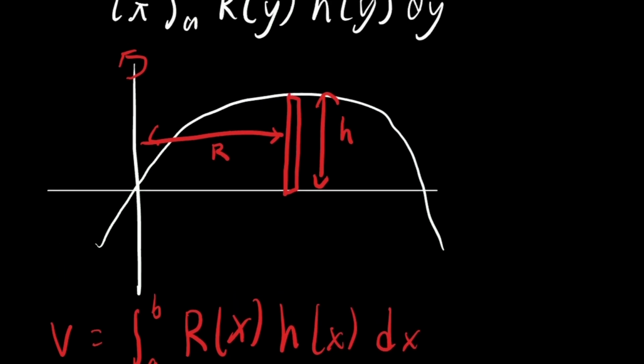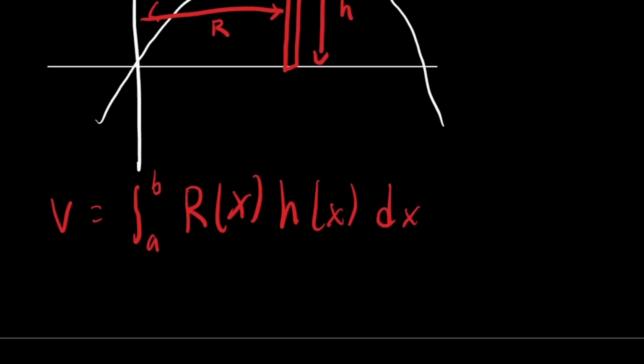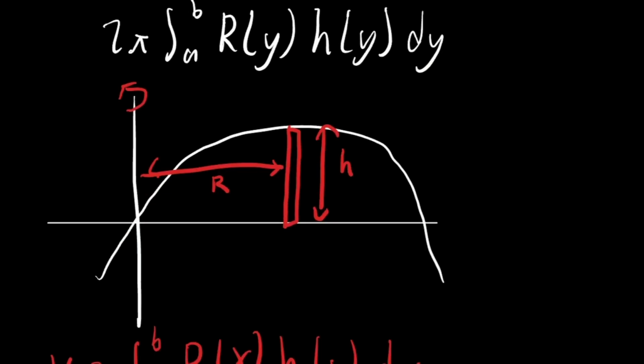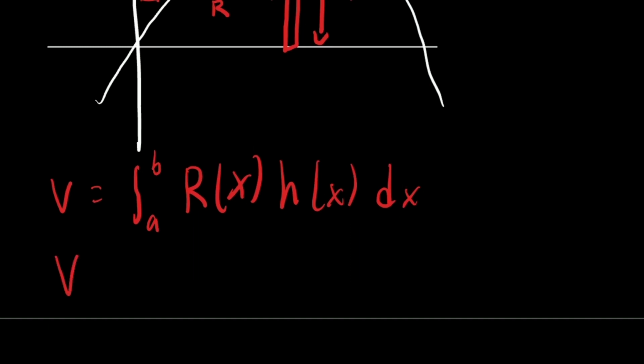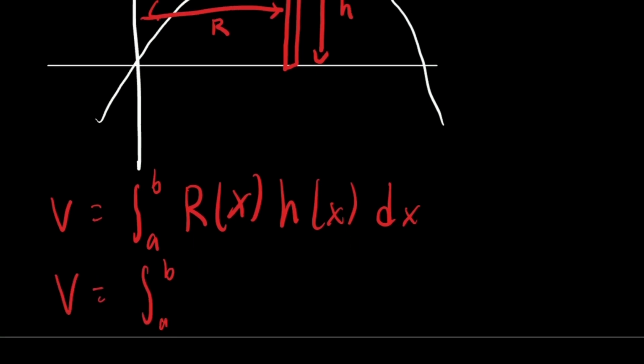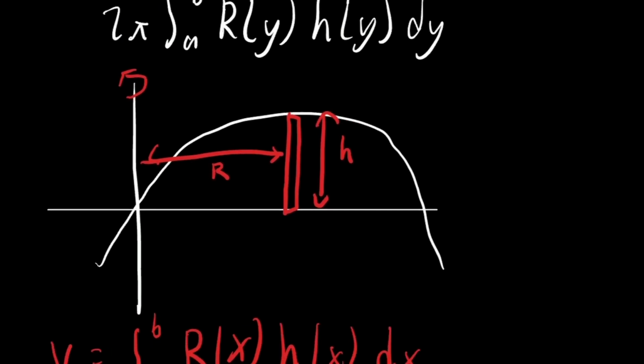So the difference there, if we were trying to use disk method, instead we would do a to b. Well, in this case, you would need to use washer method because there's a hole right there.